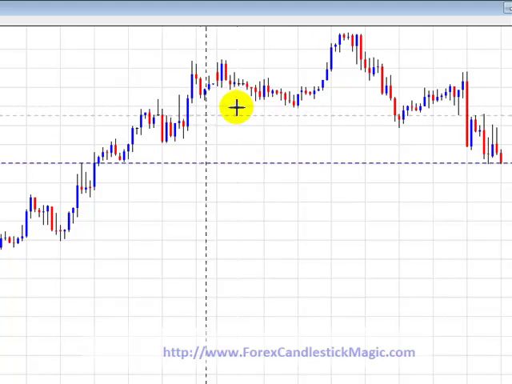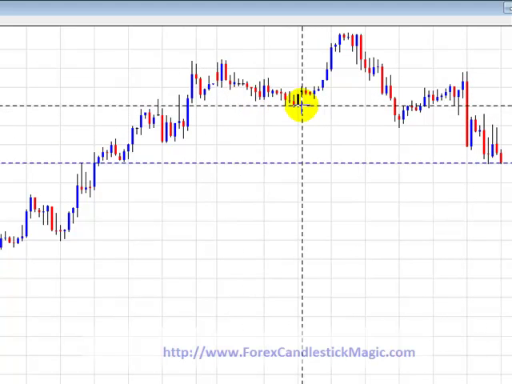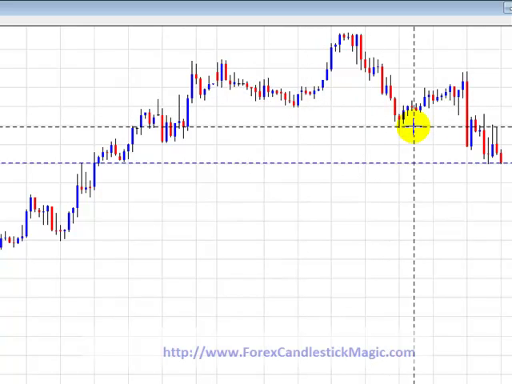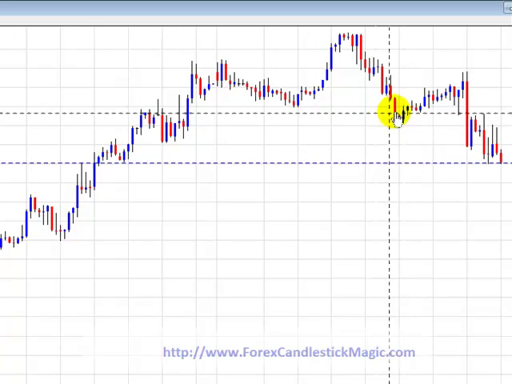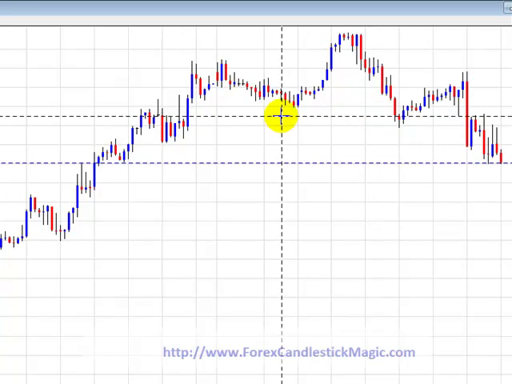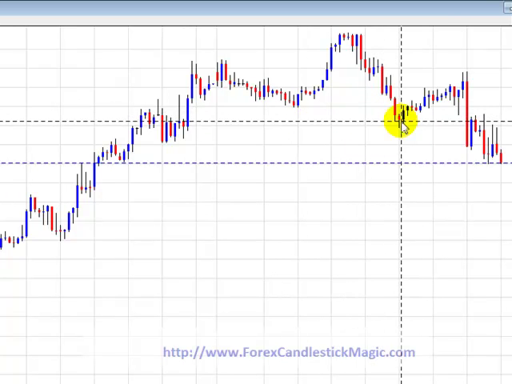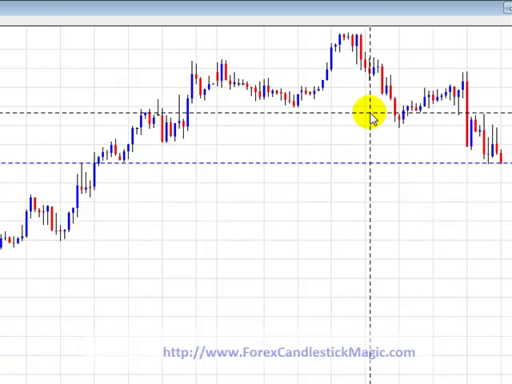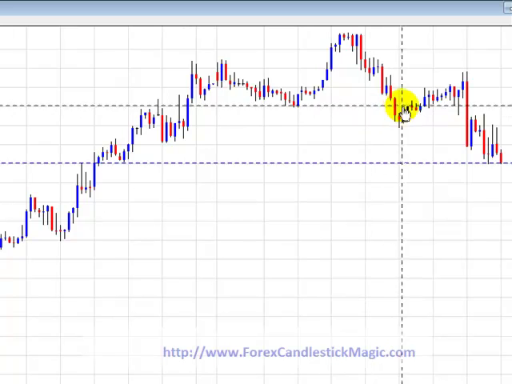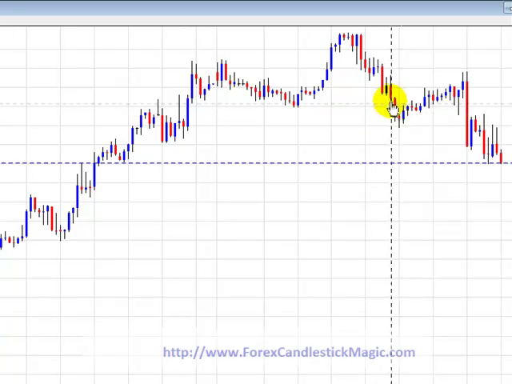So as you can see here, this neckline is higher than this neckline. In an ideal setup, both necklines should be at the same level. Even though this neckline is lower, it is not so low that this looks fake, because this neckline is quite close to this neckline.